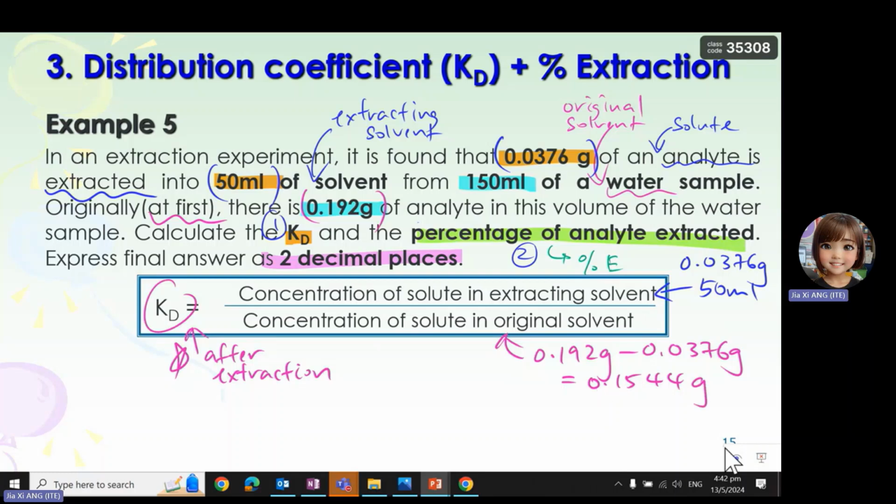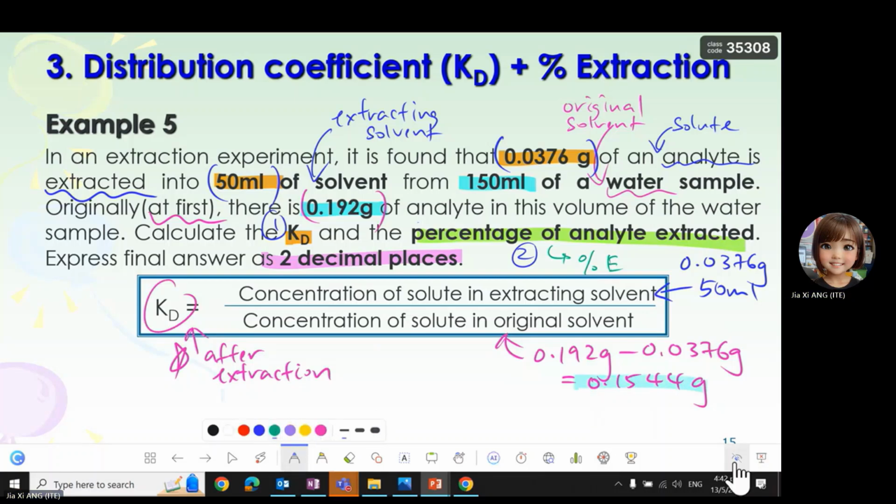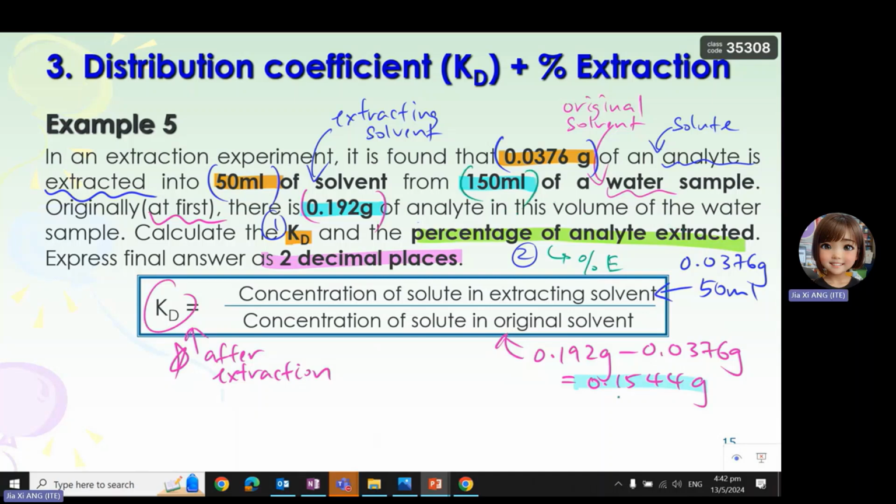So you are supposed to substitute this value instead. And what is the volume of water? It says you have 150. So with this, let's substitute into our KD equation.